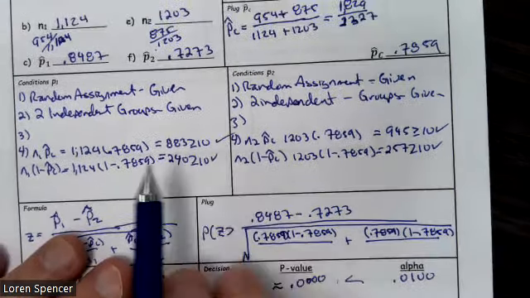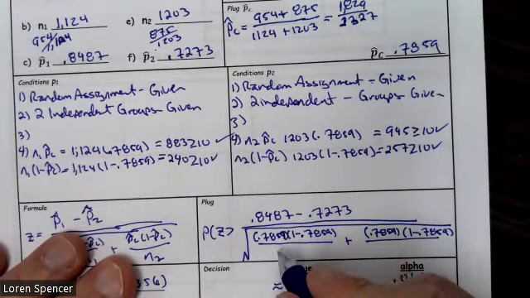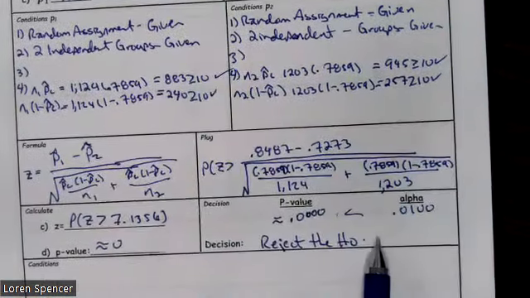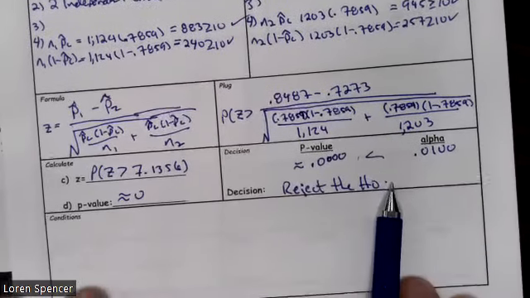And our sample sizes were 1124 and 1203. Well, we've already decided to reject the null, so we're going to go ahead and move on to writing.